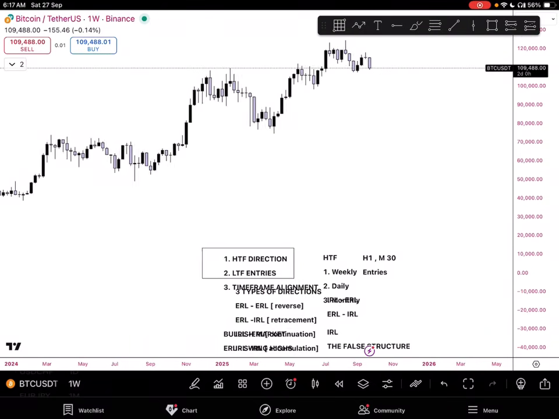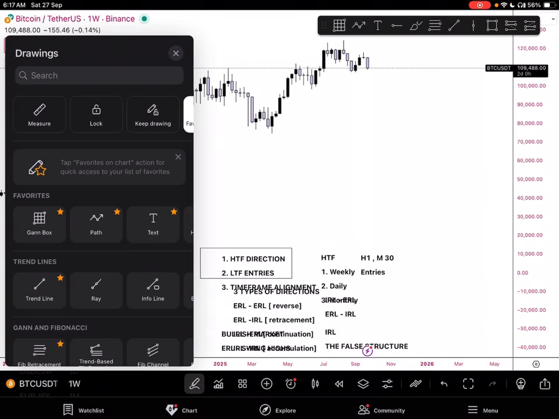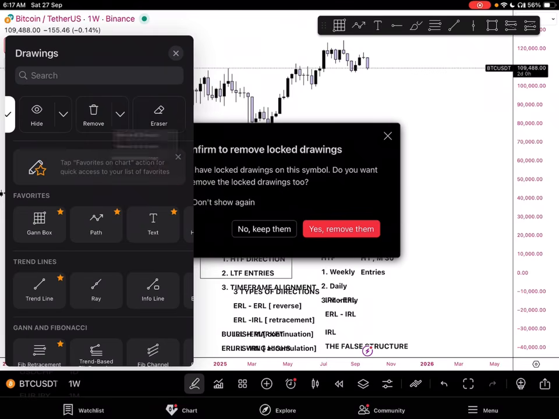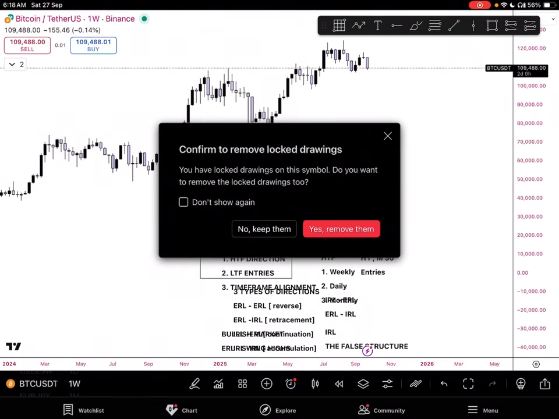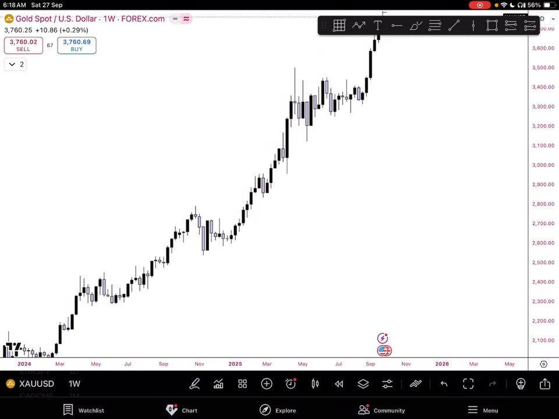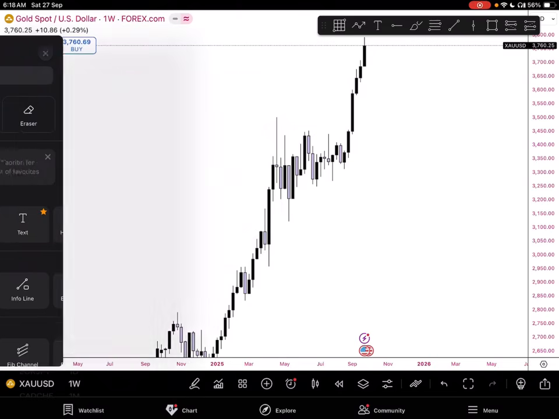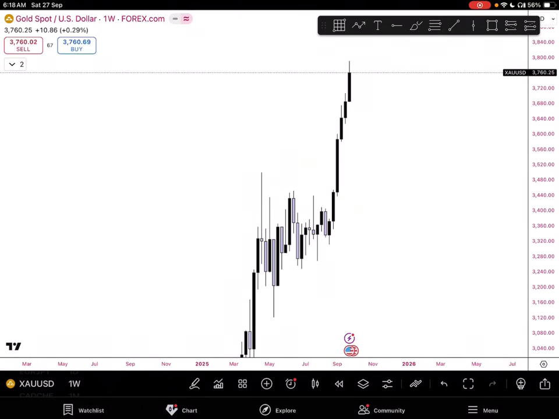Okay, and let me see what happened in gold and the major pairs, so what we can look for next week. Let's get into some outlooks. Okay, so this is gold weekly level. We don't have any key levels on higher time frame.